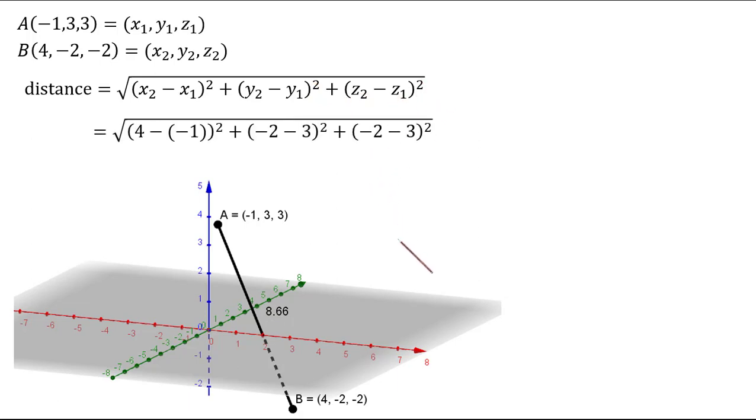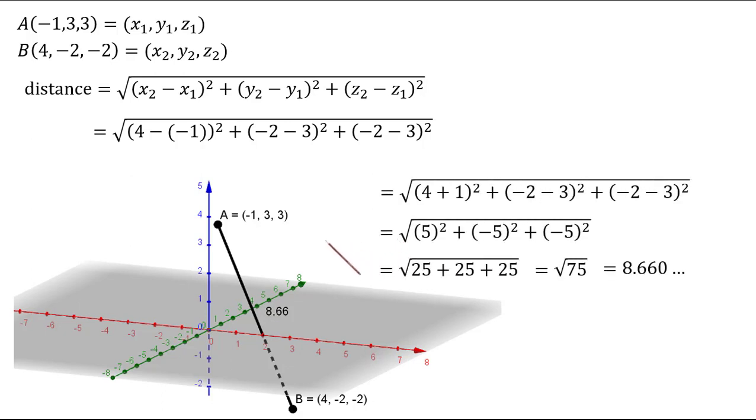And then we substitute in the numbers to get the answer as the square root of 75, which is 8.660. Remember, all these distance formulas have square roots in them. But there is another way we can use or consider this formula to be.